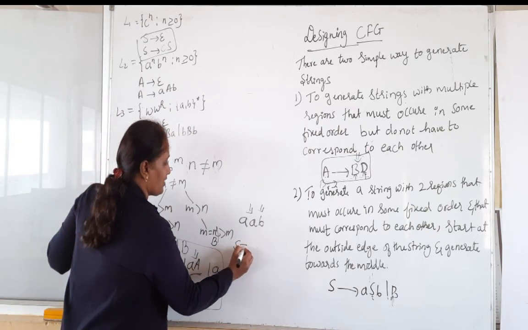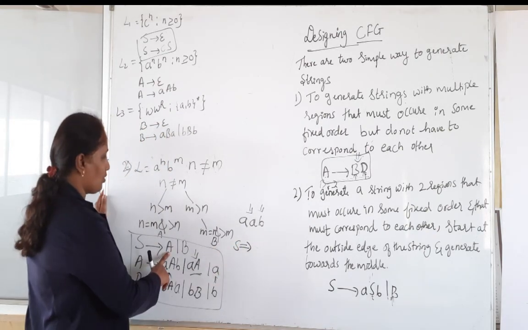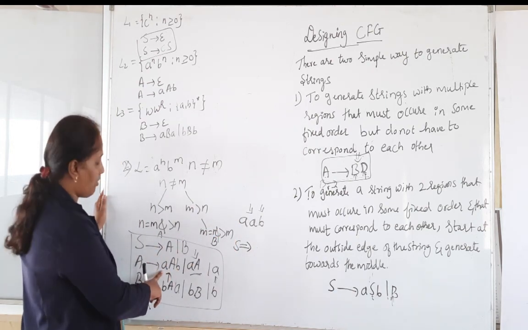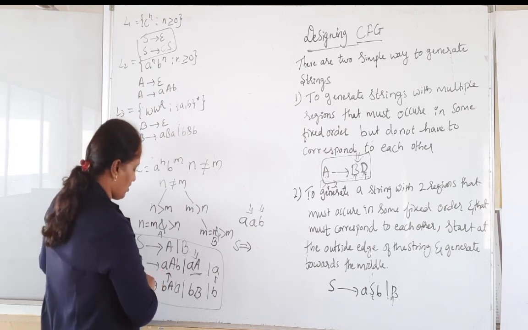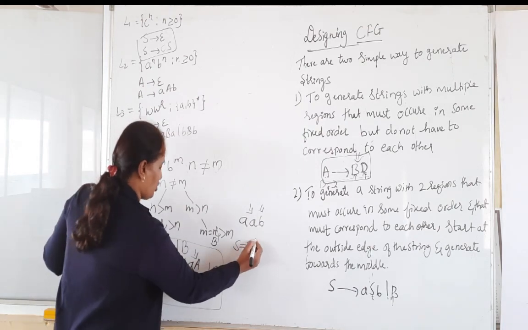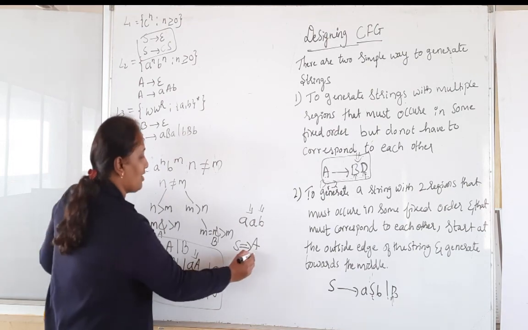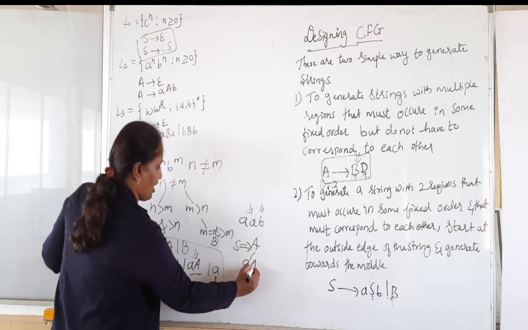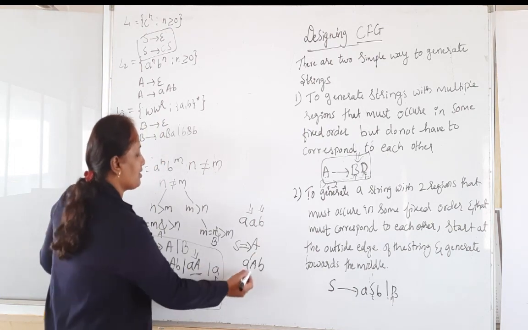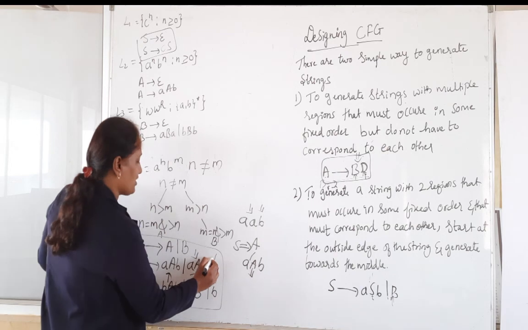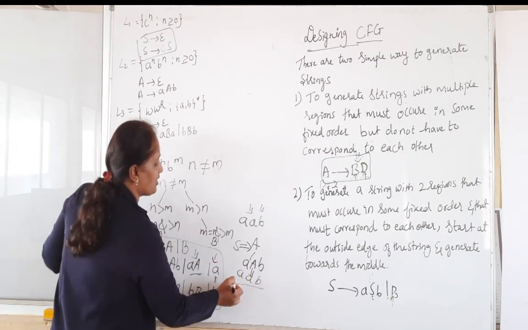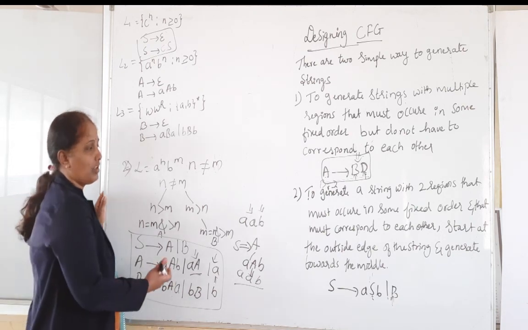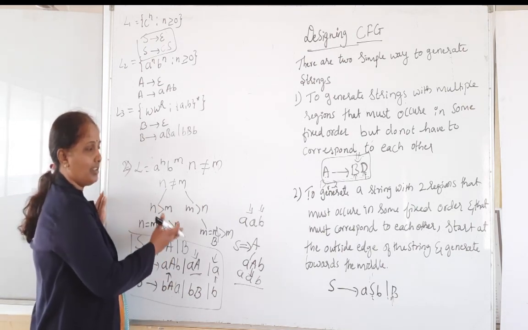First I start with S. S derives, I want to accept the A, and A is defined by grammar symbol A, so I substitute S by A. Next, A defines A B, and next this A defines A B according to this rule. So this is the same as the input string. It accepts the n value greater than m value.